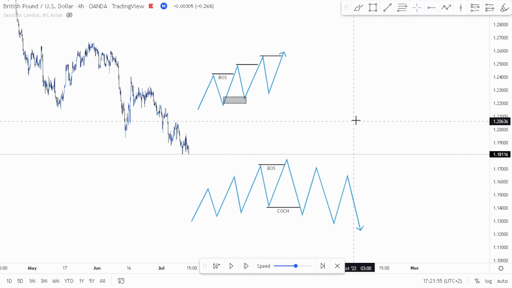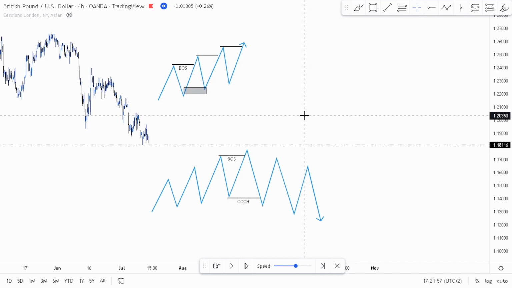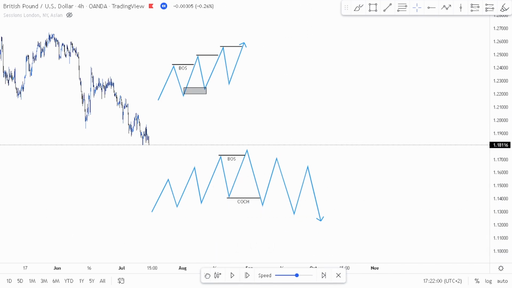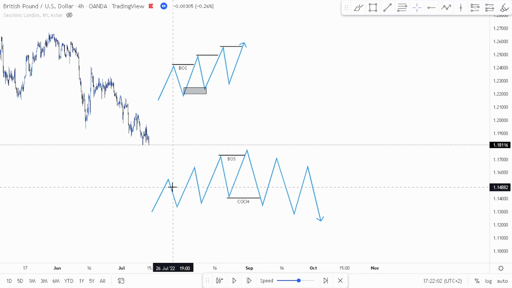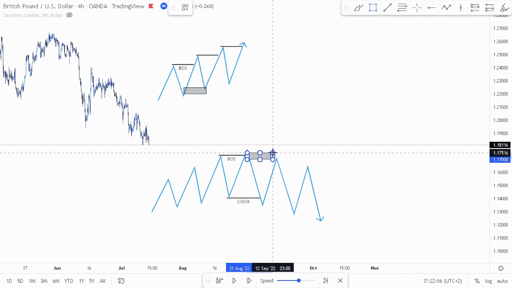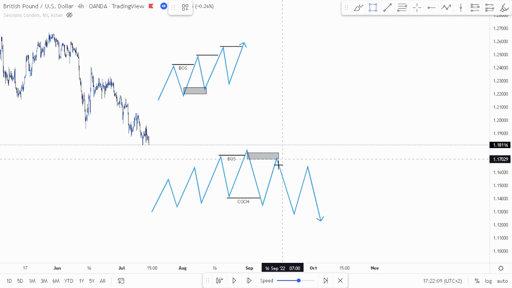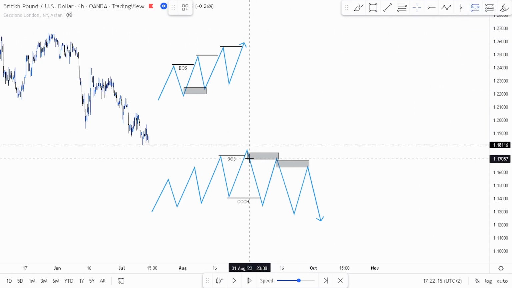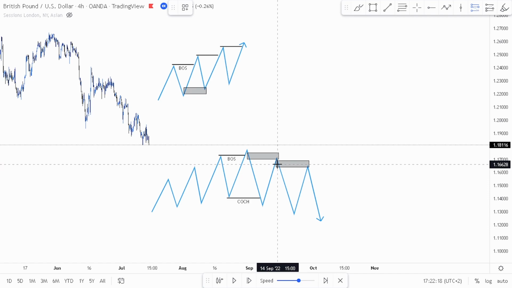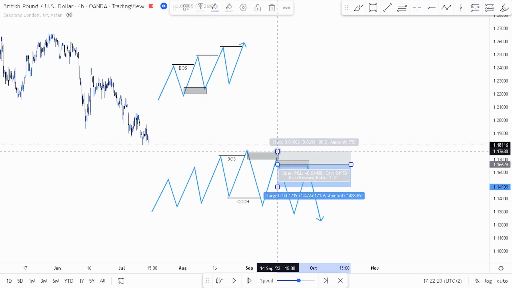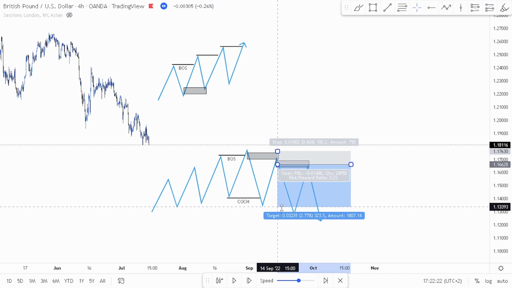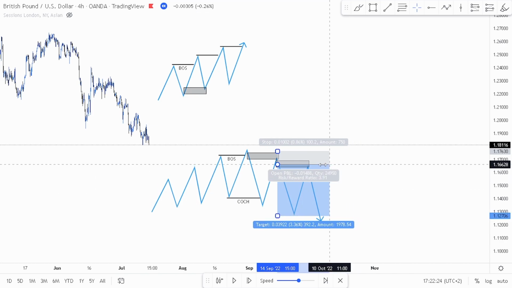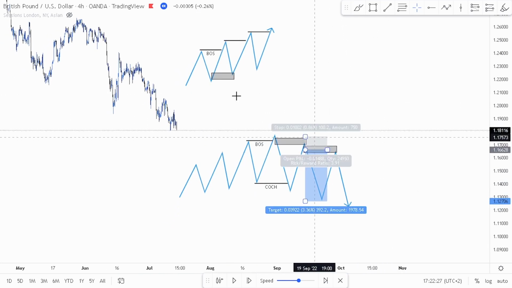Change of character simply notifies us that price is changing from a bullish market to a bearish market, and we'll be looking at levels of supply right over here. That is where we'll be taking our entries. So it's basically going to look something like this. This is where we're getting involved right over here.